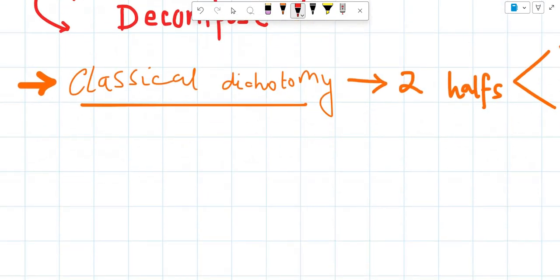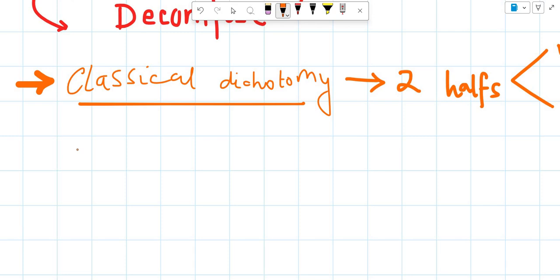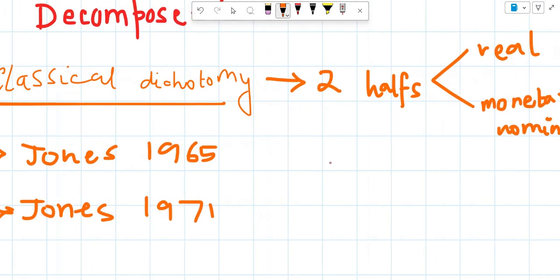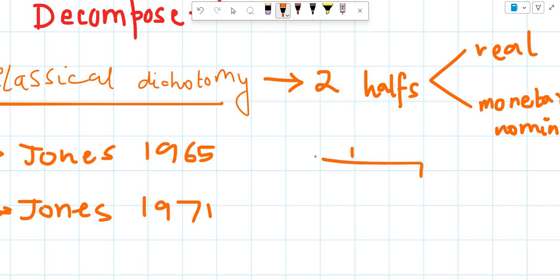Now, how can you decompose a model? Let's imagine something like the Jones 1965 model, or the Jones 1971 model. These two are very popular economic models where you consider the economy to have an agricultural sector and a manufacturing sector.